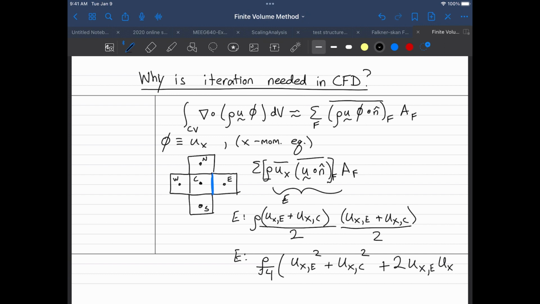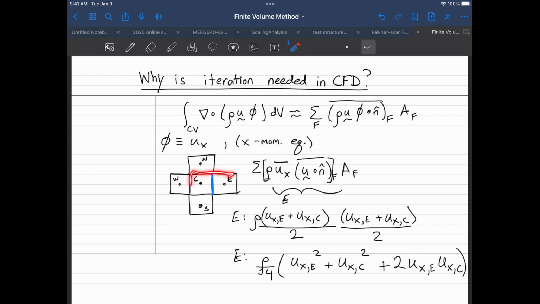The important bit is that after I convert all of this into algebra, these are my discrete values that I'm trying to solve for, the discrete values of u_x at these different centroids.